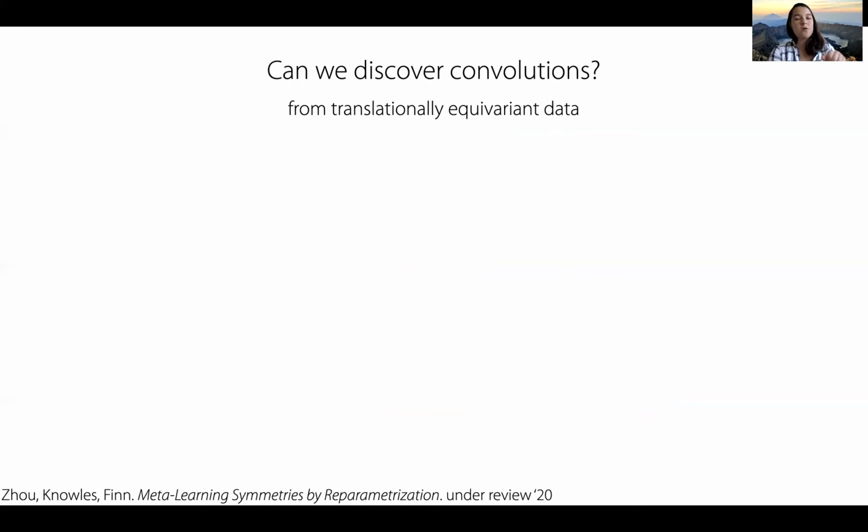The data corresponded to a vector of inputs and a vector of outputs, and the data was constructed using various translation equivariant functions. We did this for many different functions, and meta-learned both U and V from this multitask data.